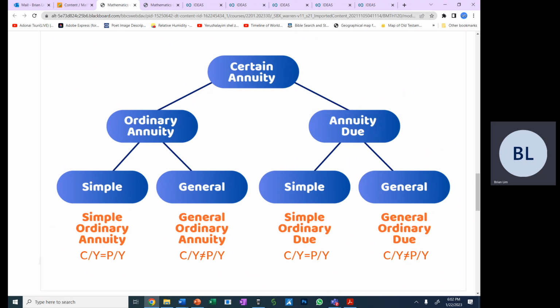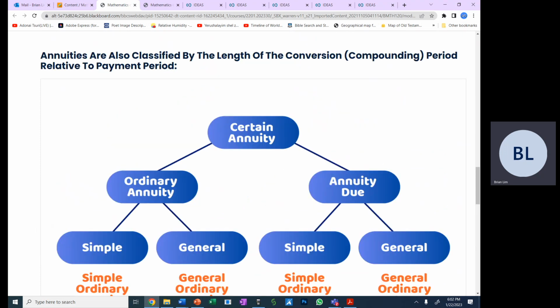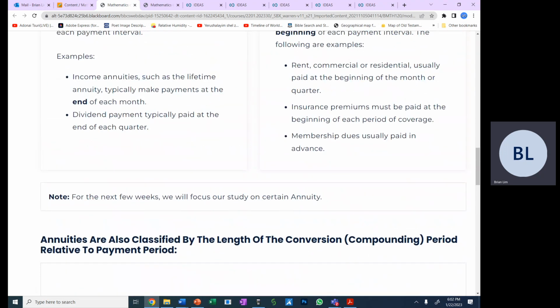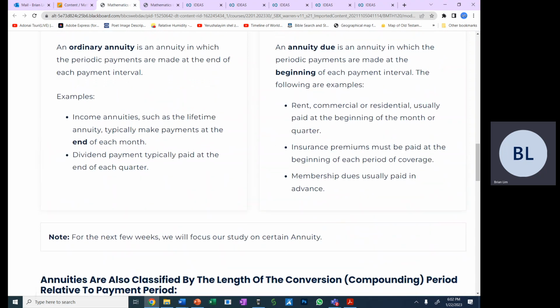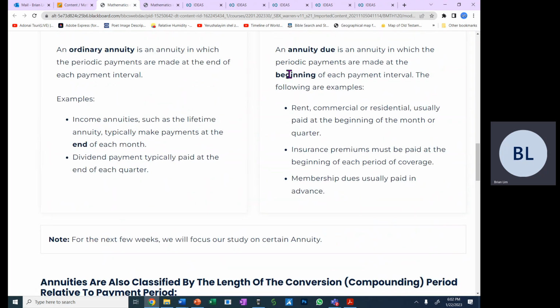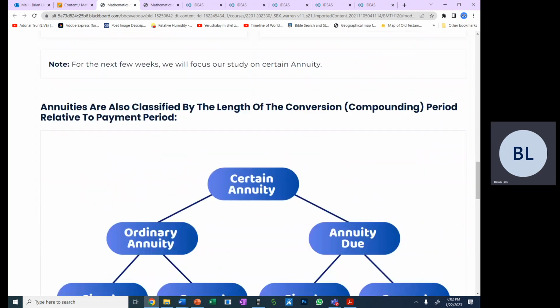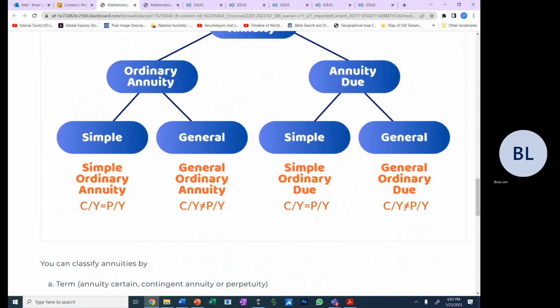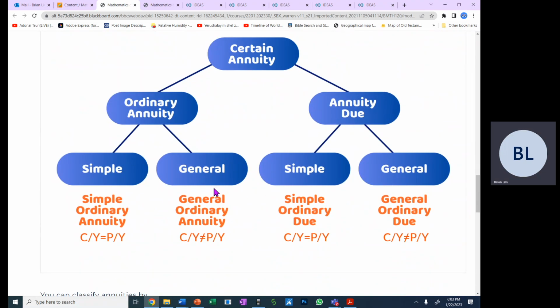All right. Now this annuity due is this category here where payments are made at the beginning of each payment interval, or payment period. Okay, so annuity due, so it's made at the beginning, and it's simple, of course, when CY and PY are the same, or the compounding frequency and the payment frequency are the same.